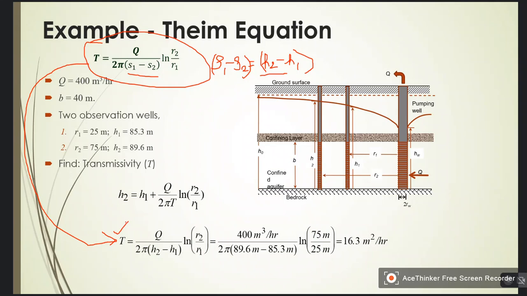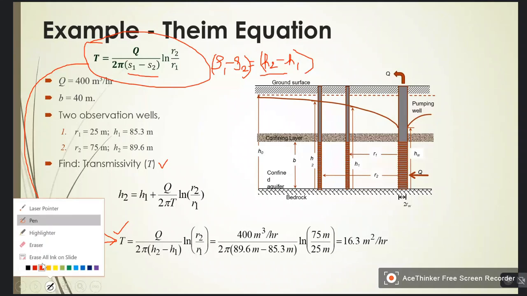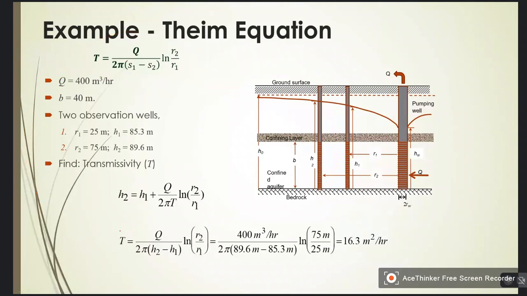So here you are supposed to calculate the transmissivity. So in this equation, T is the unknown, question mark. Q is given. H2 is given.